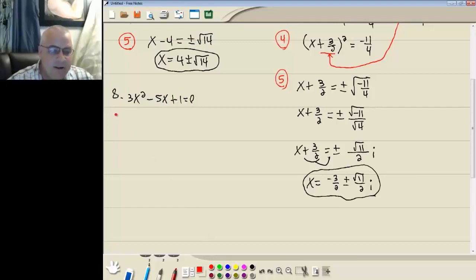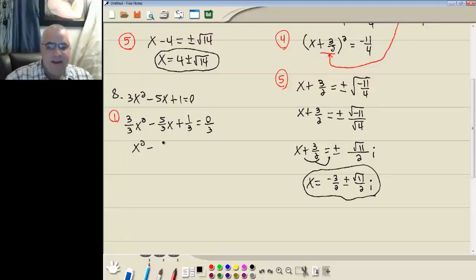Number in front of our x squared is 3, so we're going to divide everything by 3. So 3 divided by 3 x squared minus 5 divided by 3 x plus 1 divided by 3 is equal to 0 divided by 3. These 3s cancel, and we got x squared minus 5/3 x plus 1/3 equals 0 divided by 3 is 0.